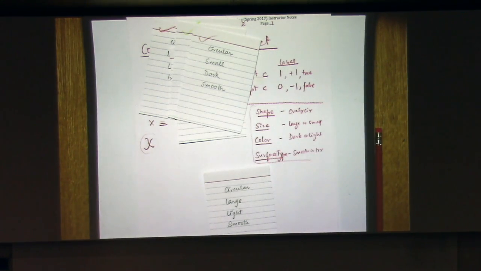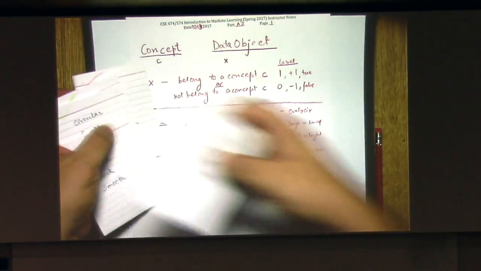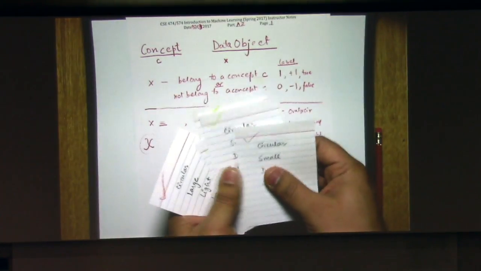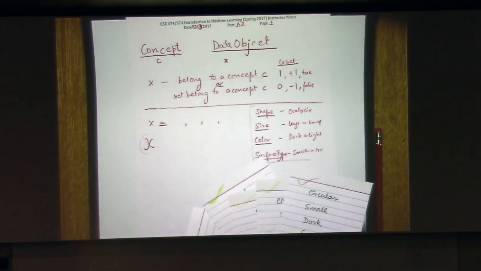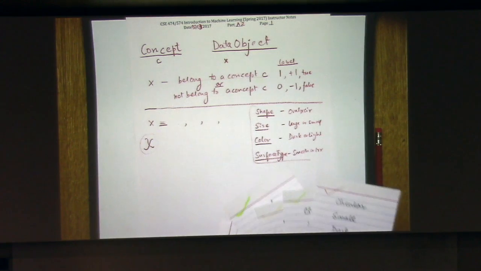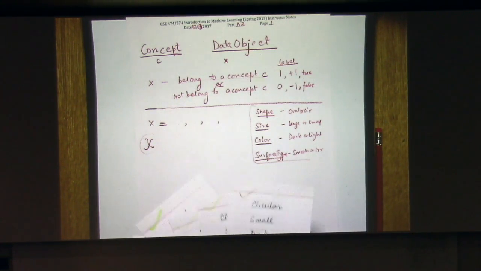So that is the concept learning task: from a subset of data objects which are labeled, I need to infer what was that concept, and then I use it for prediction. Is that clear so far?